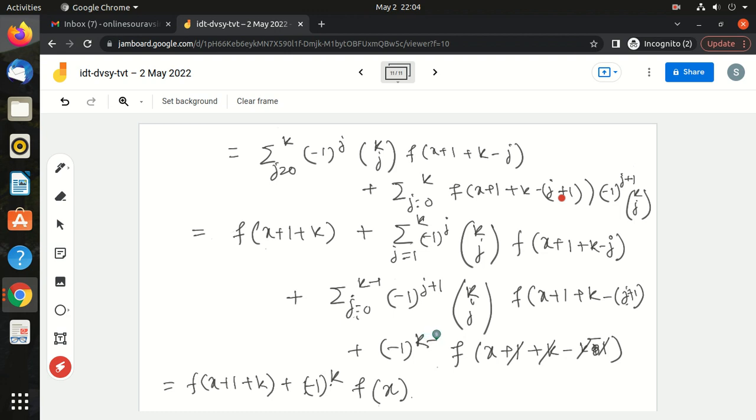No, it was k plus 1. You put k plus 1 here, k here, so it was j plus 1, so it will be k plus 1. So I have to see these two terms. What do I get from these two terms, right? Do you see?